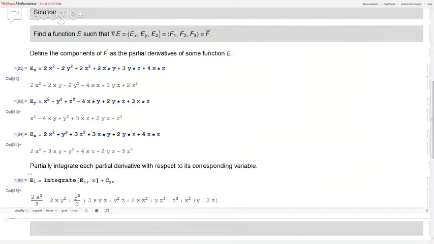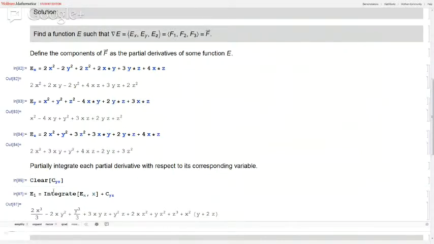And for some reason, it also won't let me clear it. Alright, let's try this. Clear C, Y, Z. Nope. Alright.